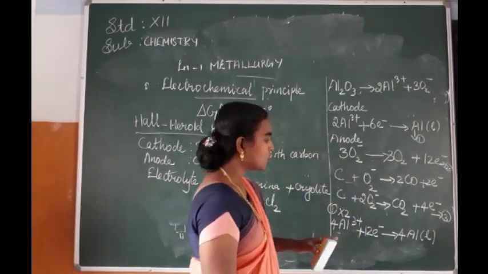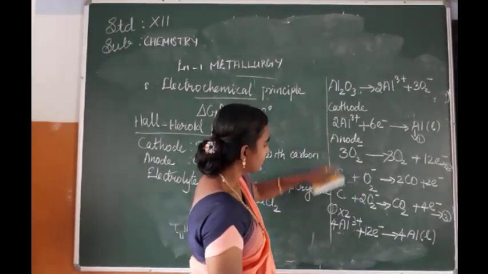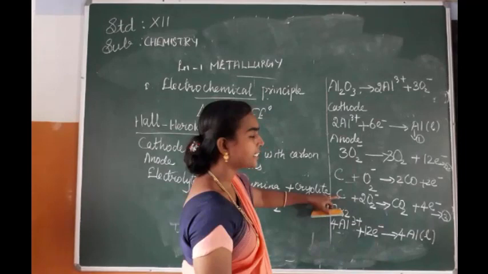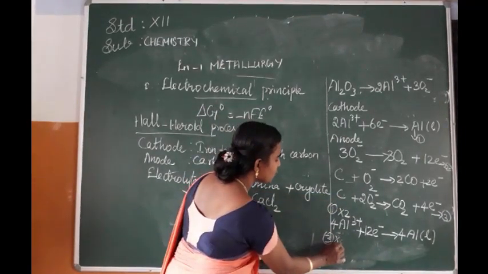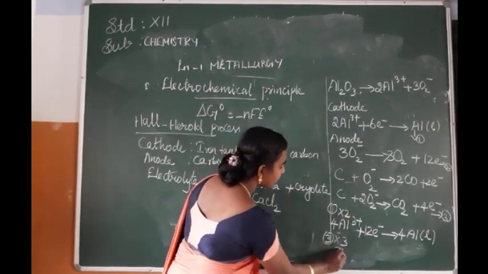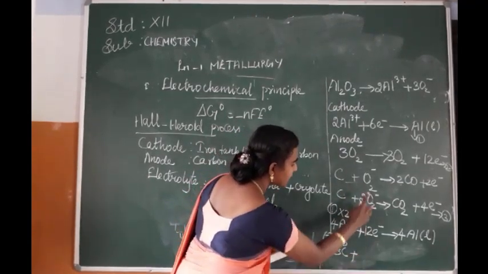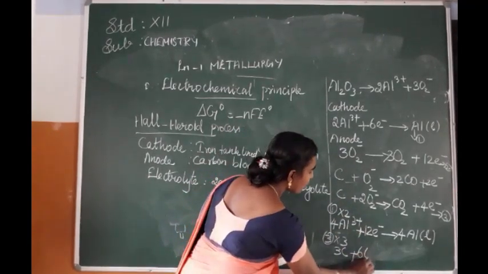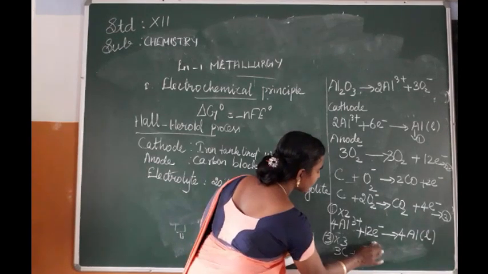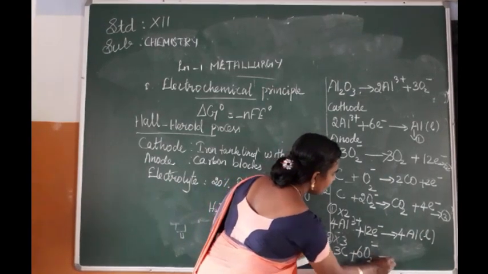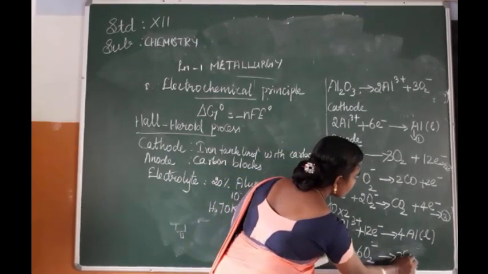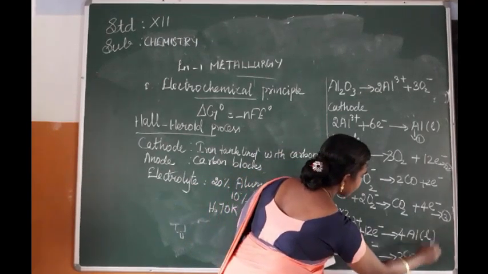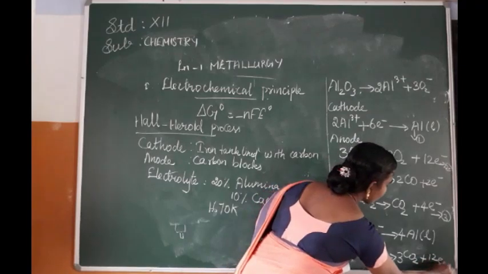Is it clear? So next, equation 3 should be multiplied by 3. So equation 3 into 3 gives 3C plus 3 into 2, 6O2-, which gives 3CO2 plus 3 into 4, 12 electrons.